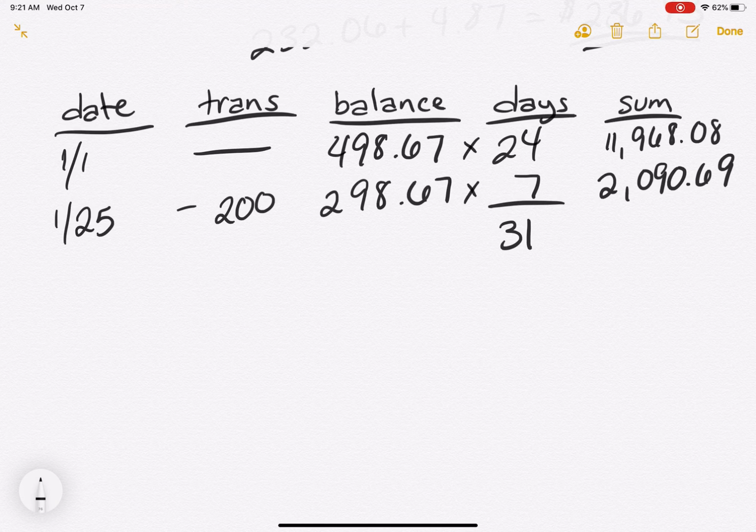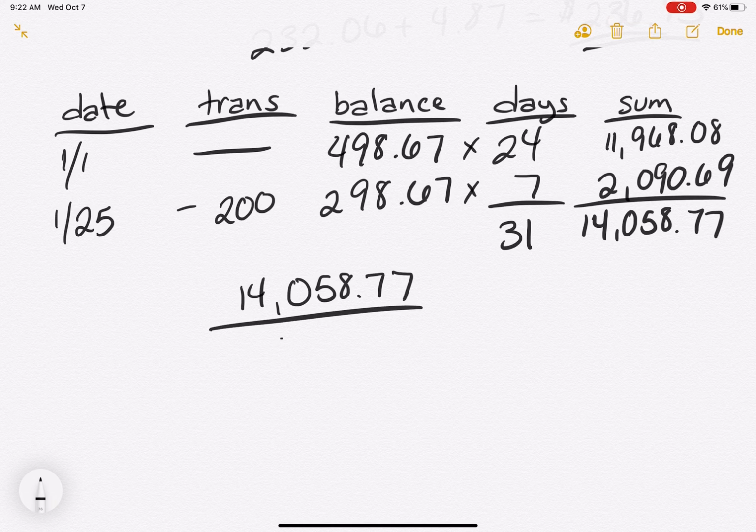In D, we'll count the ending balance. We still have to divide it out, so we get an average daily balance of 453.51, and we use that number for the finance charge.